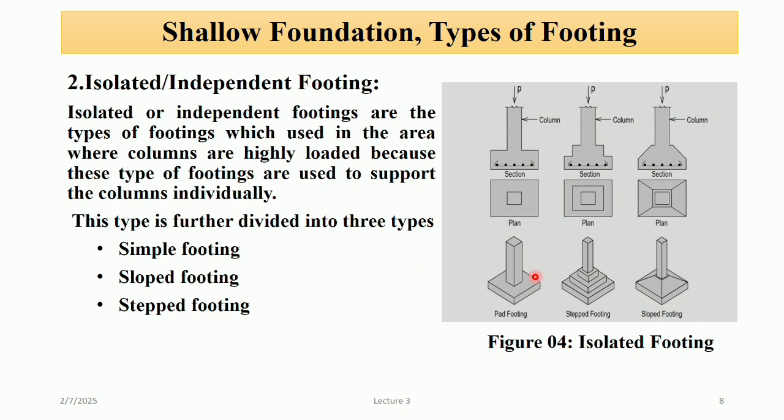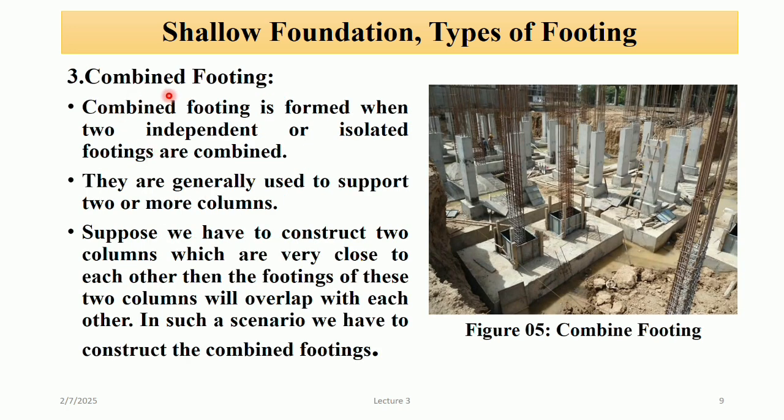The advantages of isolated or independent footing are that it has a simple design to construct, and it is very cost effective. Isolated footing can be used for a wide range of structures, from small buildings to large buildings. Combined footing. The footing which supports two or more columns is known as combined footing.